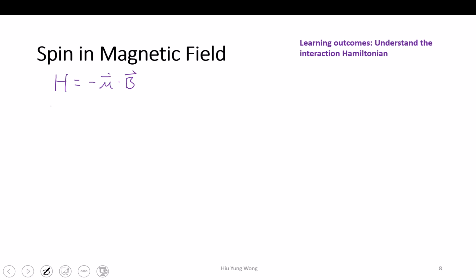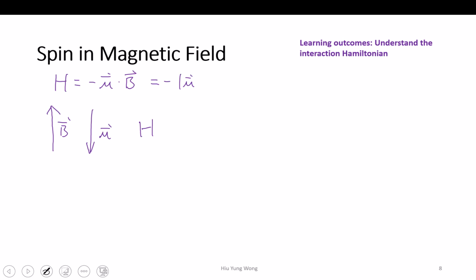If I have a magnetic field pointing up, and I have the magnetic moment pointing down, what is the value of this H? They are in the opposite direction, right? Let's think about the meaning of the dot product again.